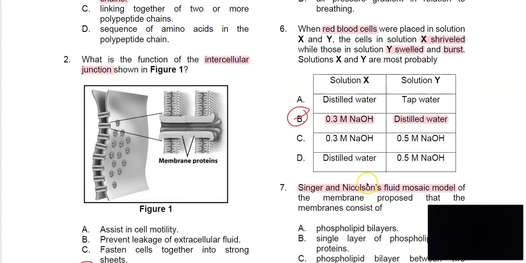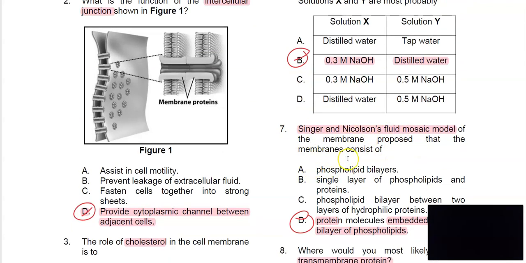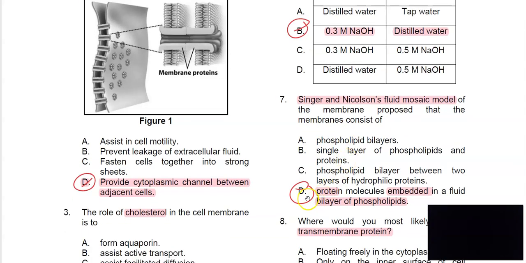Okay, so number 7, the Singer and Nicolson fluid mosaic model of the membrane proposed that the membrane consists of D, which is protein molecules embedded in the fluid bilayer of phospholipid.